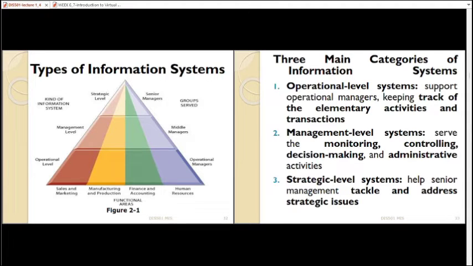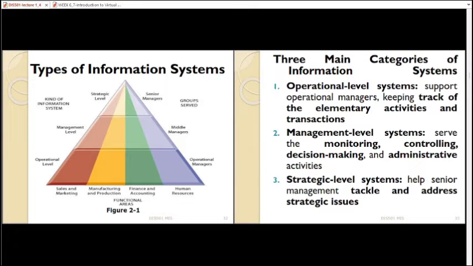Now, if you look, we have a different color scheme here. We can say we have red, yellow, green, and I think that is bluish or purple. All these indicate that if it is sales and marketing, there is a channel that goes from the bottom all the way to the manager, all the way to the CEO.